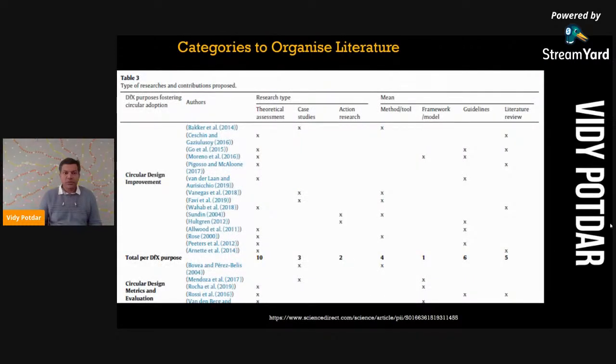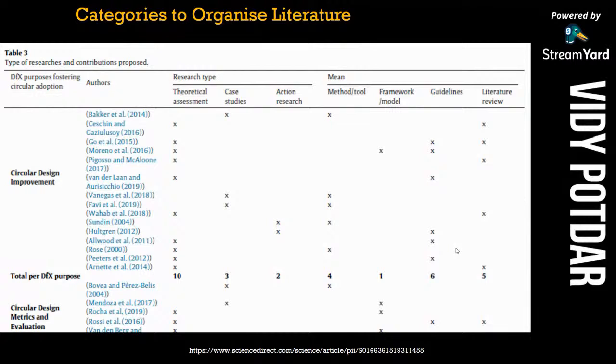Okay, so what tables do we have in this paper? So these are the three approaches. So this is their framework: circular design metrics. These are the different authors or their papers. Research type: case studies, action research, theory-based, framework, model, guidelines.